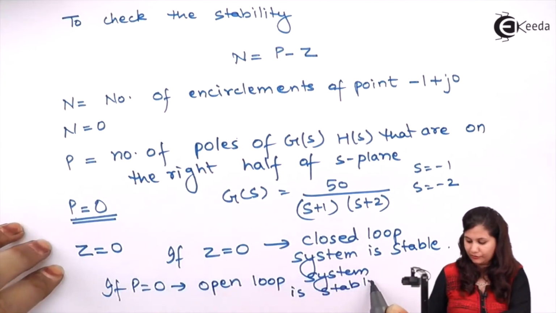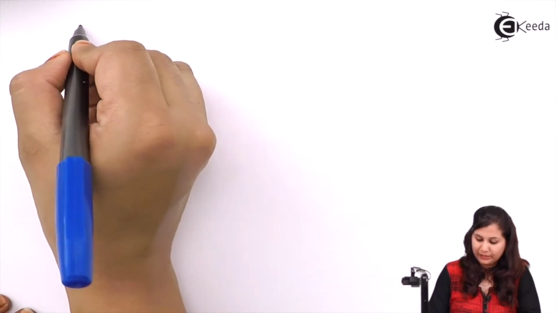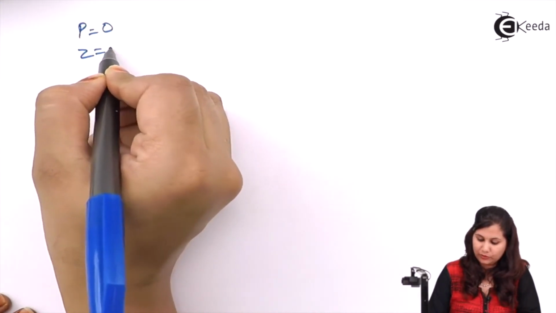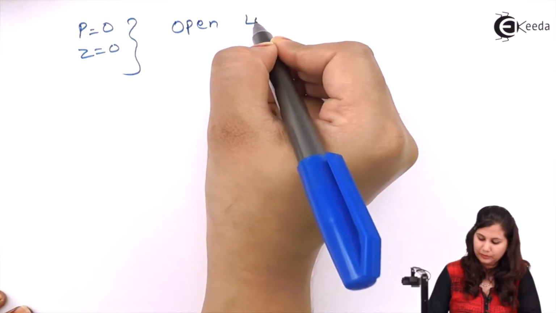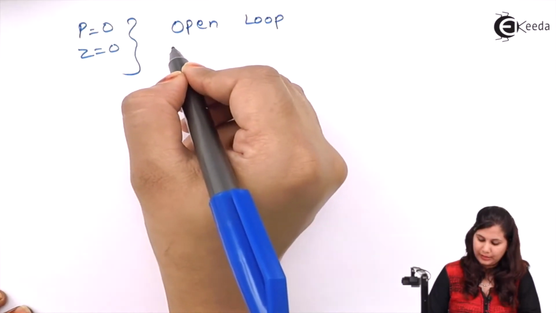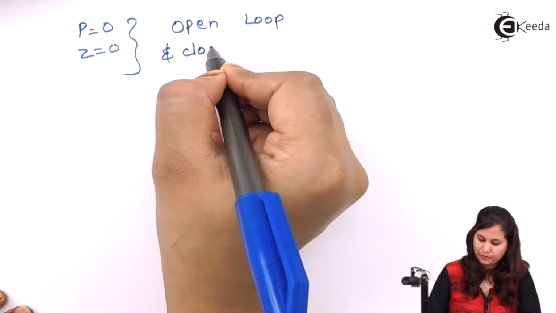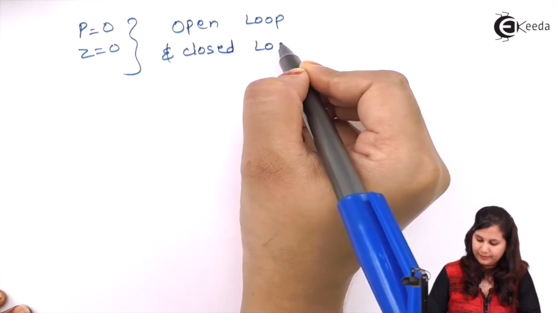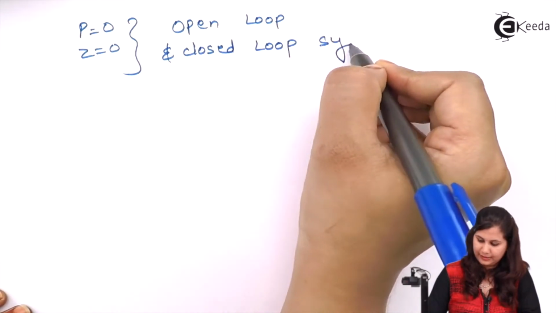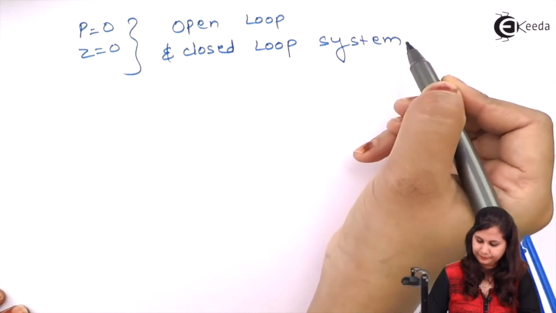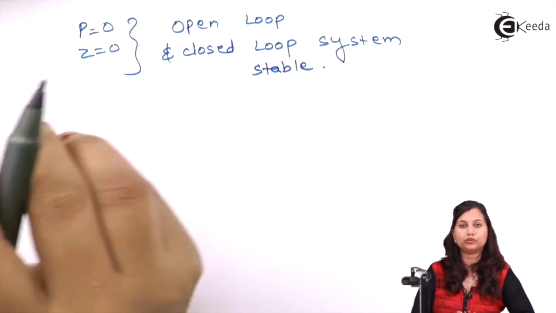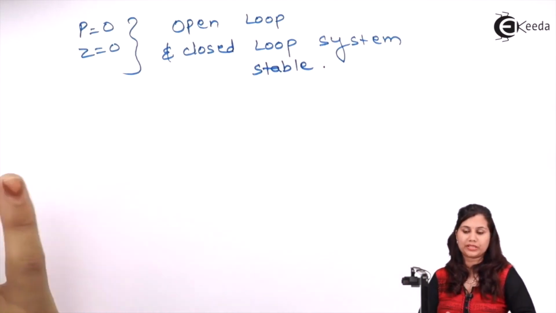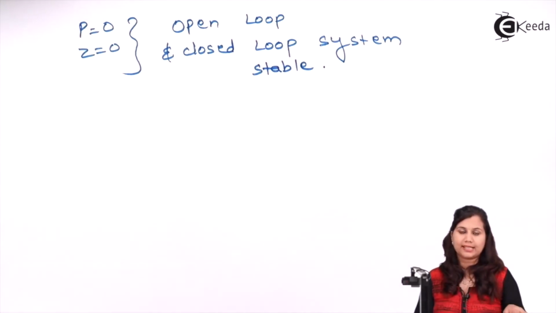So for this transfer function, both P equals 0 and Z equals 0, so both open loop and closed loop systems are stable. That is, both open loop stability and closed loop stability are present for this system.